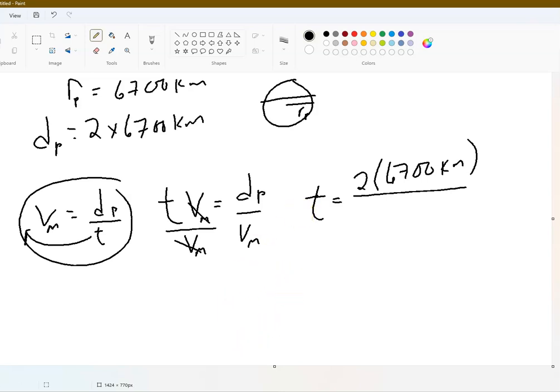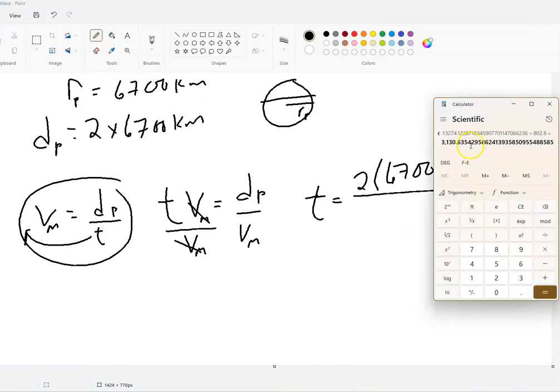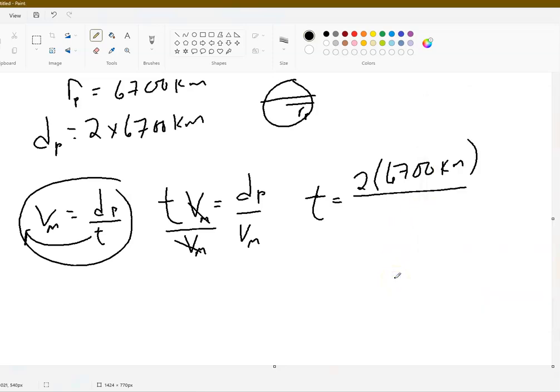Let me look again just to remember what that number was. It's in my calculator. Yes, and we rounded it to 2 places past the decimal, so it's 3,130.64.